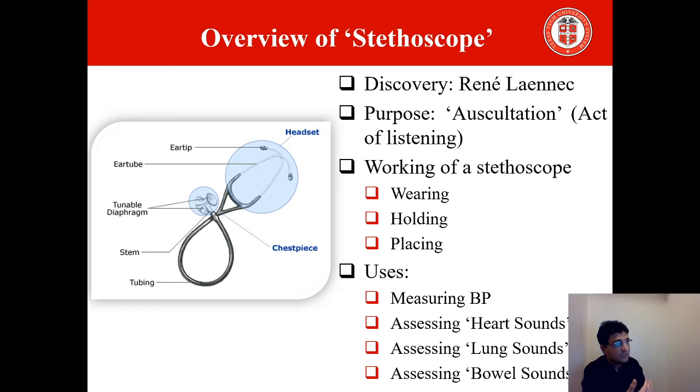We can measure blood pressure or BP, which we'll do in our next lab. We can listen to and assess heart sounds, which we are doing in our practical today. We can also put it on different parts of the chest over different lung fields to listen to different lung sounds. We can also auscultate by putting it on the abdomen to listen to bowel sounds.